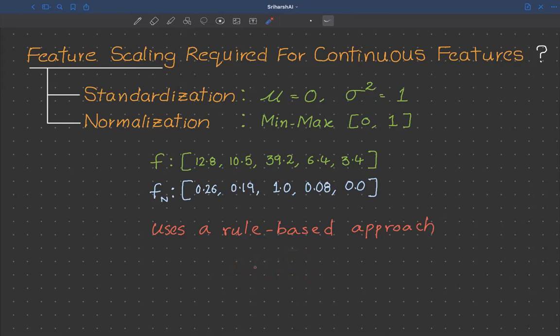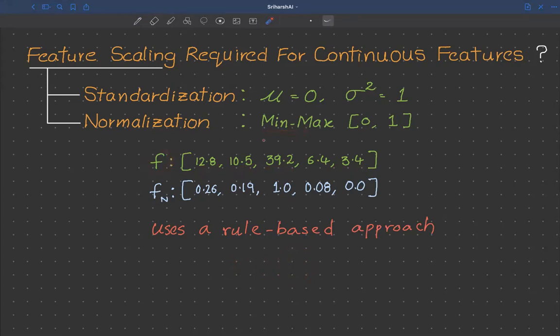To understand this more, let's consider an example of a continuous feature. Here I'm considering a feature f with continuous values. The least value in this feature is 3.4, and the highest value is 39.2. Now let's say I applied min-max scaling on this feature f.